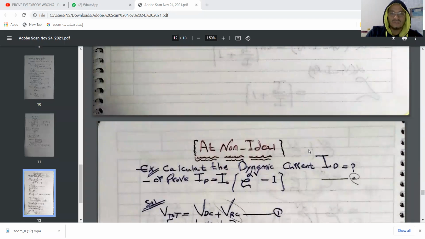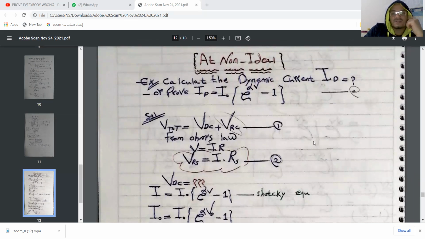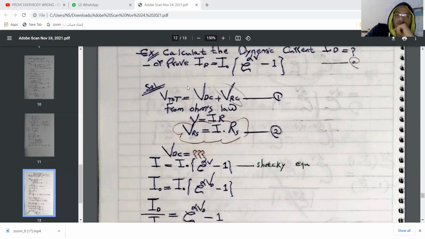Now at non-ideal, calculate the dynamic current, or prove the dynamic current for non-ideal equals saturation current between two brackets exponential alpha V minus 1. The Schottky equation. Prove the Schottky equation, or in other words, calculate the dynamic current at non-ideal. From Kirchhoff's voltage law, V total equals the sum of the other voltages, V1 plus V2 and so on.